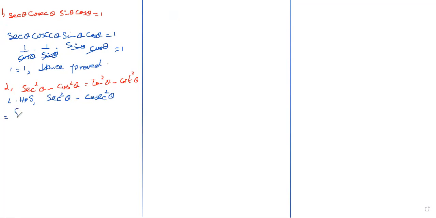We know that secant square theta equals to 1 plus tangent square theta, minus cosecant square theta is 1 plus cotangent square theta. Which is equals to 1 plus tangent square theta and multiplying with minus sign. So minus 1 minus plus gets minus cotangent square theta.